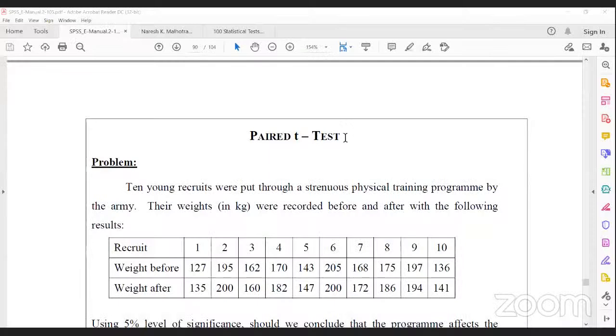Now we are moving to another test, another t-test only. Before that, what we did is we considered the variables to be independent, the equality of means. We also call that the t-test for independent samples.